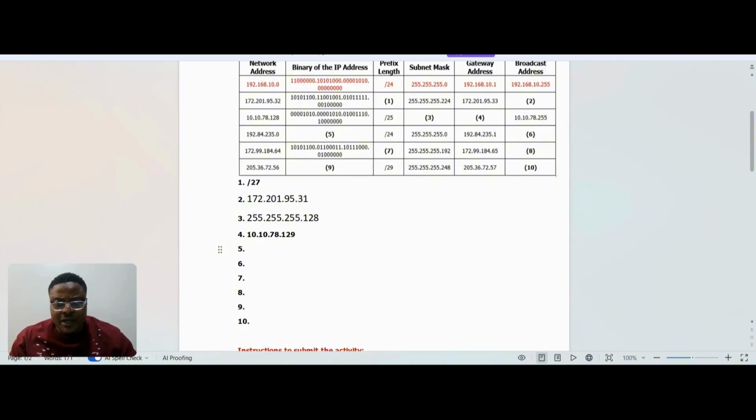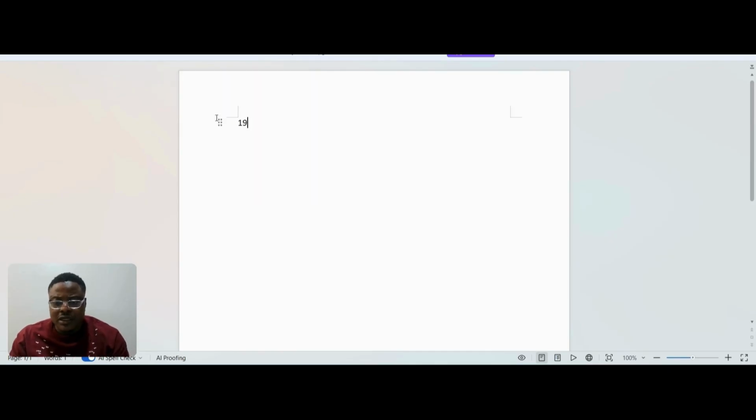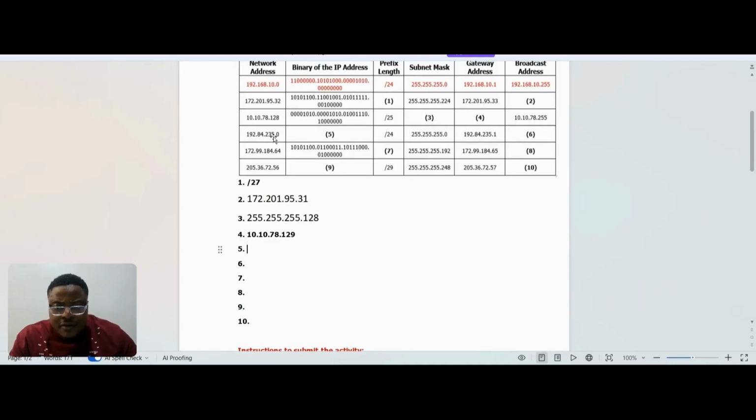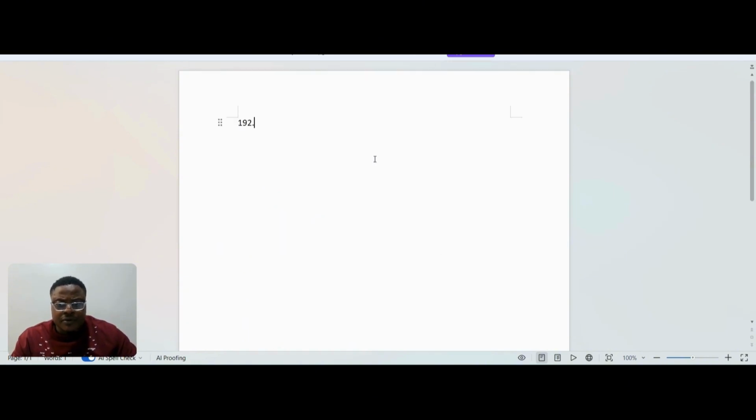The IP address is 192.84.235.0. I'm going to convert this to binary using the same method, dividing.